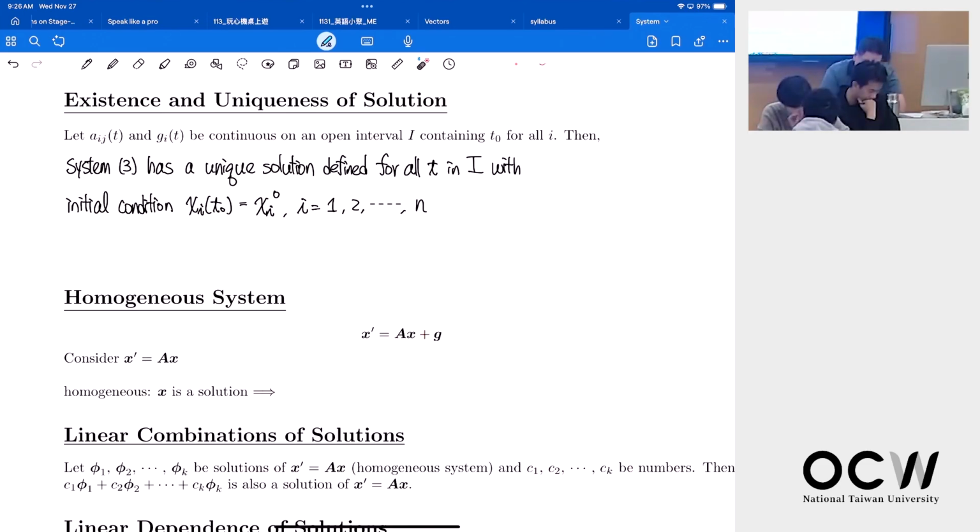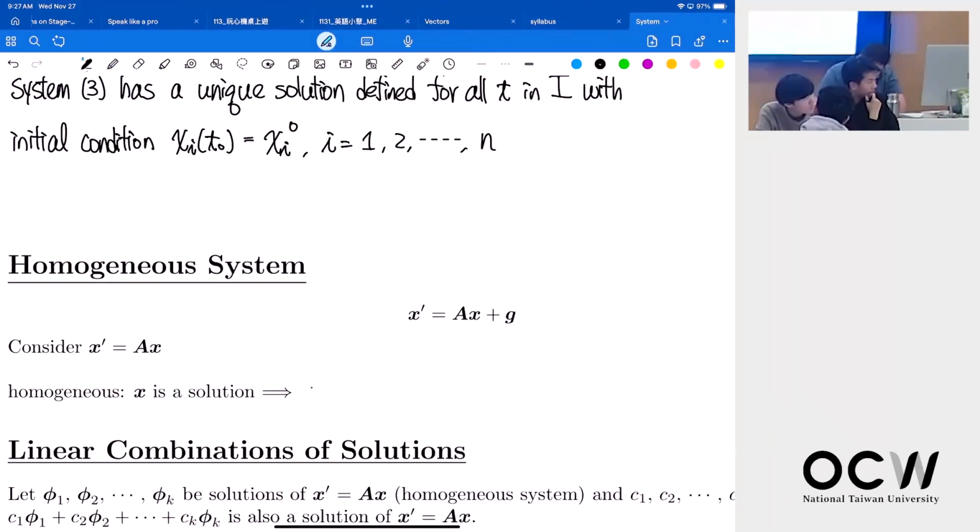x prime equals Ax, and this means x is a solution that will satisfy that equation. And if x is a solution, then multiplying it by a constant is also a solution.